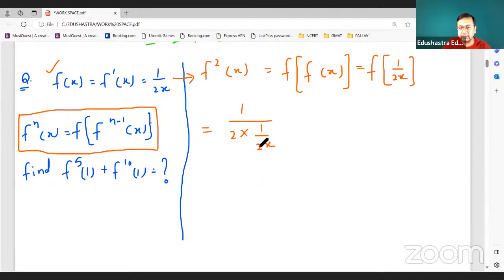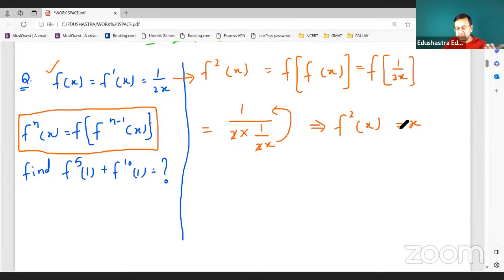Putting this value for x, this and this cancel and this will go in the top. So finally, f2 of x is coming out to be what? Simple x. Okay. So f1 of x is 1 by 2x, f2 of x is x.